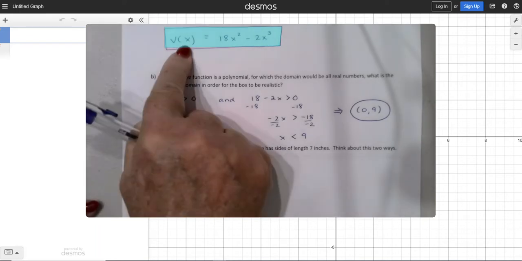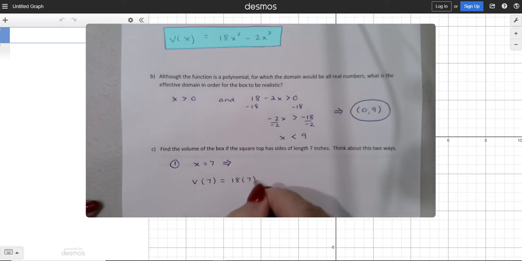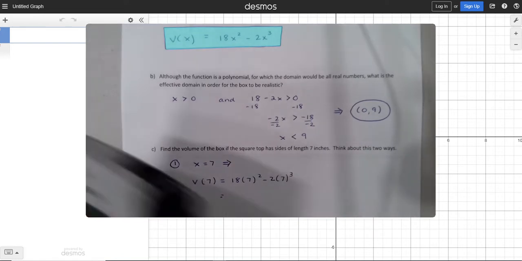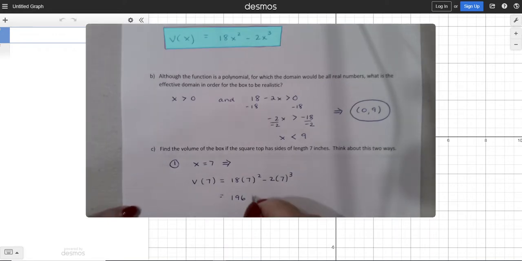So I could just plug my 7 into the volume equation. And I can find my volume that way. Let's see, 18 times 49 minus 2 times 7 to the third power is 196. And this is all in inches, so the volume would be in cubic inches.